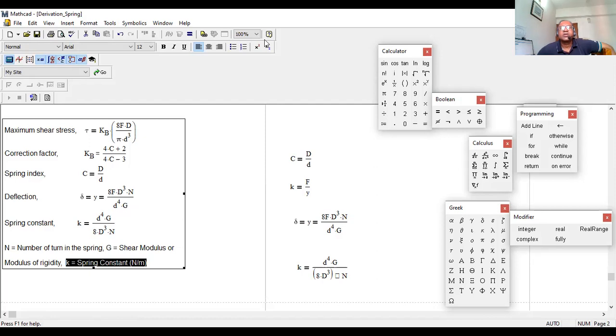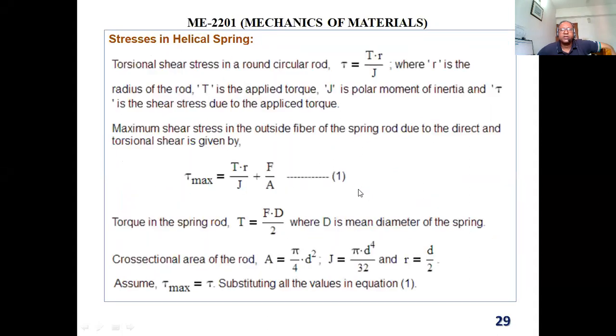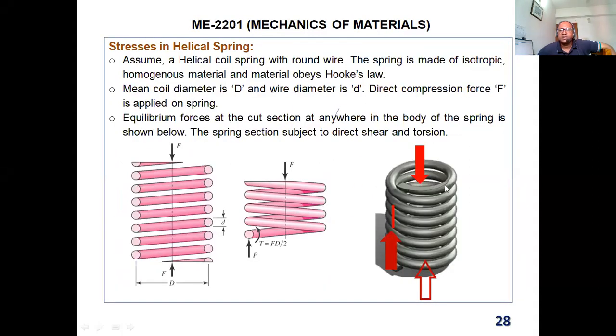Okay. So in this, there are a lot of things in the spring. Normally with the end condition, you see this portion is a little bit flat, right?